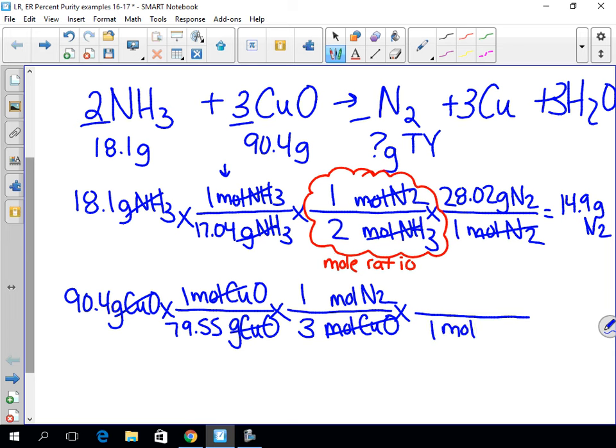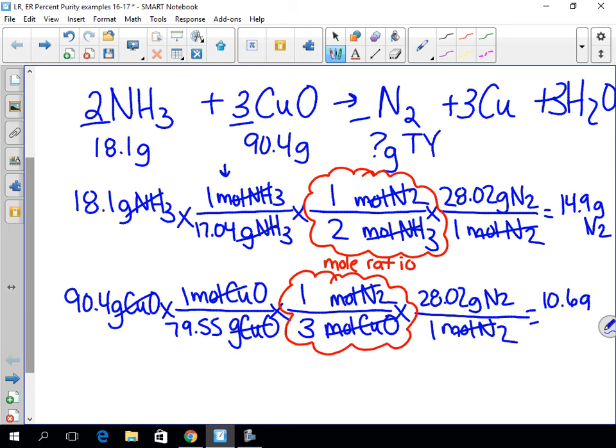We want to convert our moles of nitrogen into our grams of nitrogen. Moles of nitrogen cancel. Go ahead and do our math. While you're doing your math, I'm going to circle so we make sure that's our mole ratio step again. And when we come up with our answer, we get 10.6 grams of nitrogen.